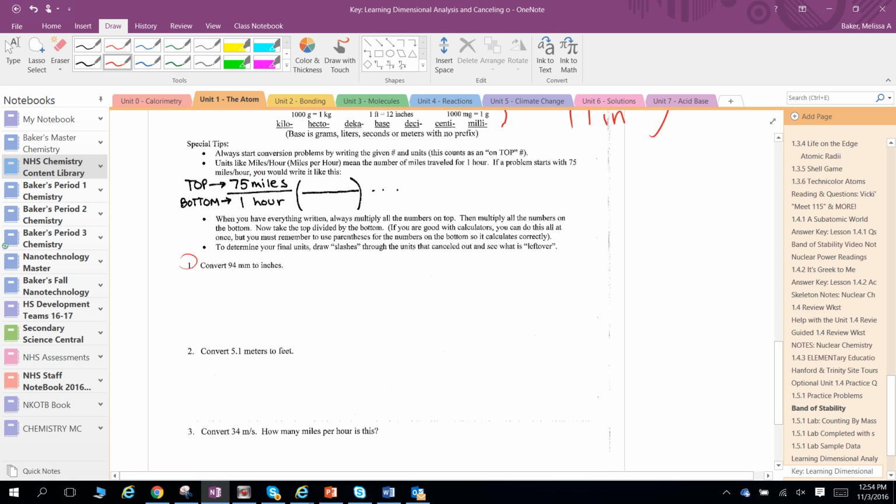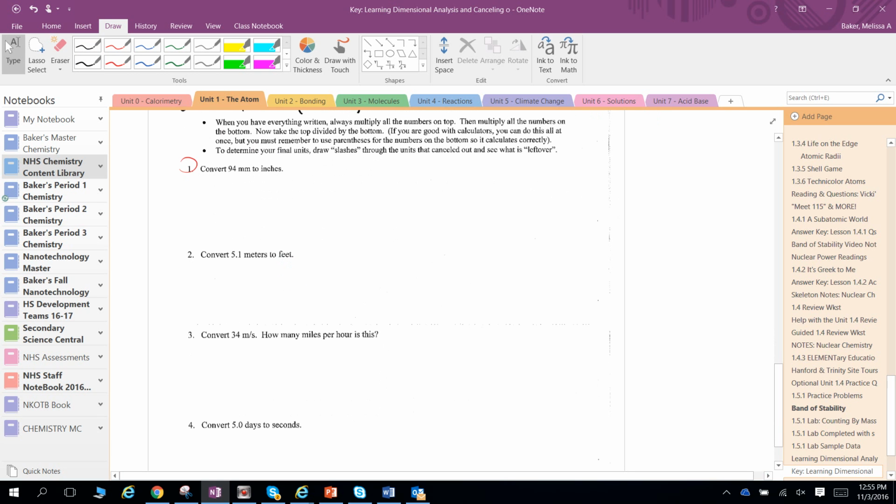If it's something like miles per hour, what that's saying is miles per 1 hour. So you have a top and a bottom. Then once you have everything written out, you multiply everything on the top, you multiply everything on the bottom, and then you take the top divided by the bottom to get your final answer. And you do that slashing technique to figure out what units are left over at the end.